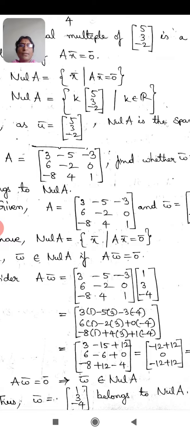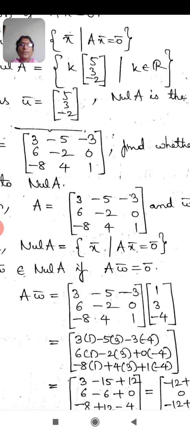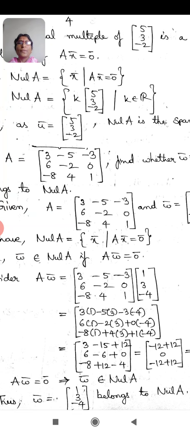To solve this problem we can make use of the concept of null A, so I am giving the definition of null A in the next step. Null A is equal to the set of x bar such that A x bar is equal to 0 bar. So the null space of the matrix A is defined as the set of x bar such that A x bar is equal to 0 bar.